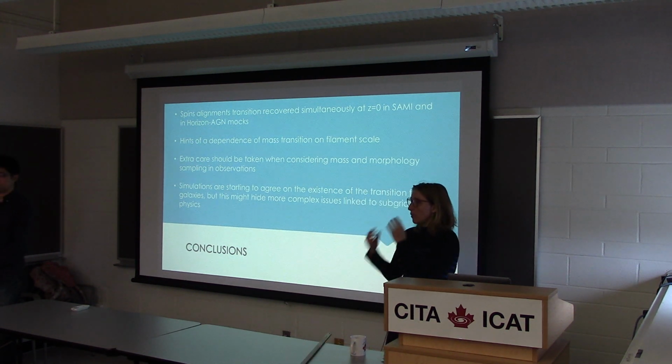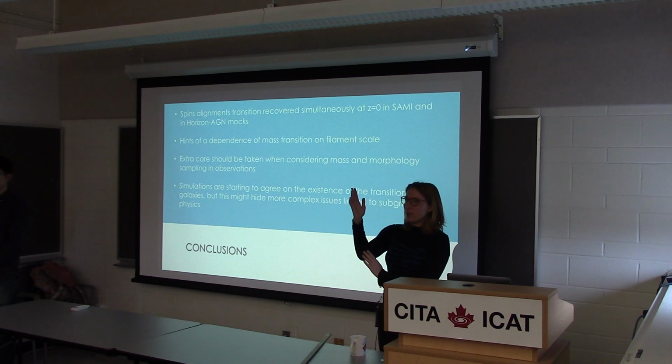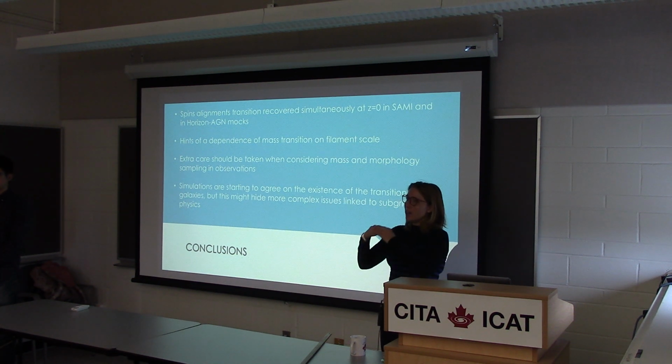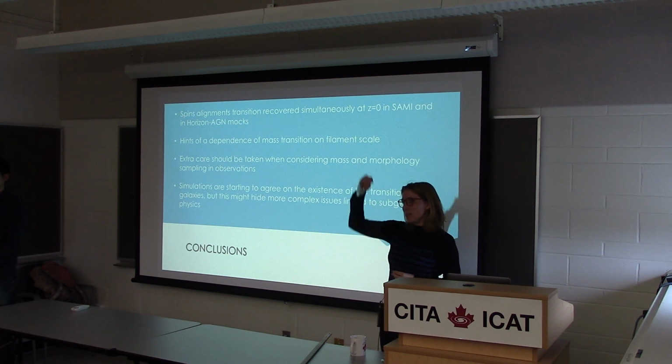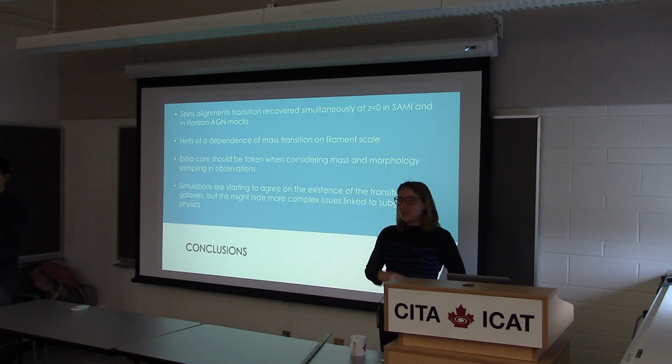You have a complex interplay of all those alignments: the alignment with the filament, which is also the direction of stretching of the halo, and the alignment with the central, which, depending on how massive the central is, can be the same as the filament or not. You find hints of satellites following the filament and then progressively reorienting with the central if the central is not aligned to the filament, or being very aligned with the central if everything is aligned.